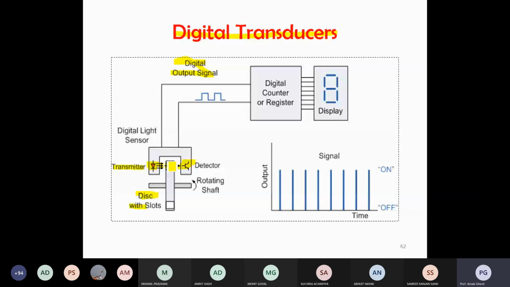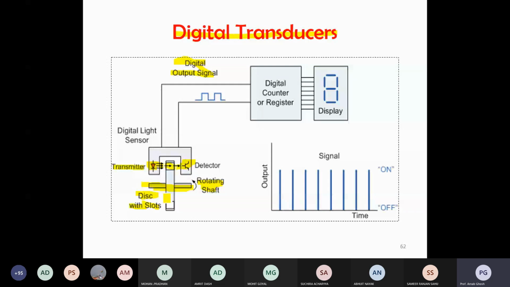Here the controlling unit is coming to the base of the phototransistor. What type of transistor is it? It is called a phototransistor, and current flows through this path. If the shaft is rotating, that rotates the disc.